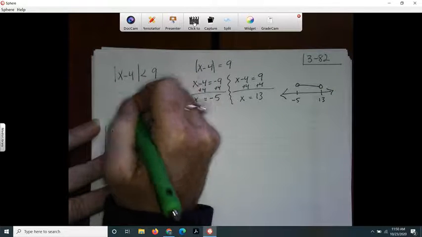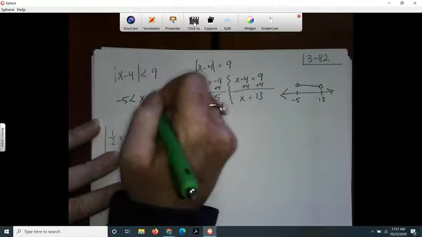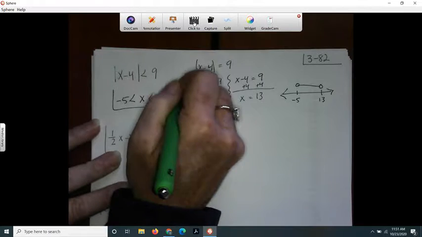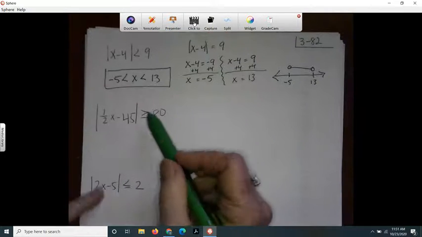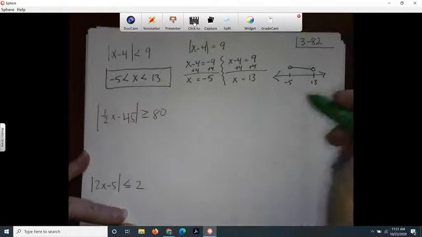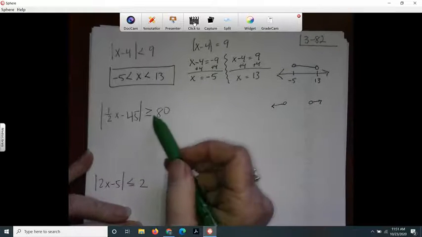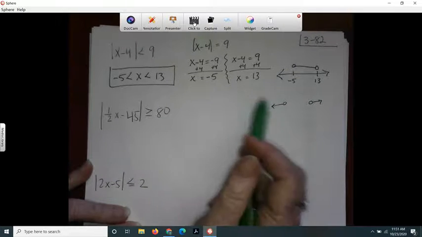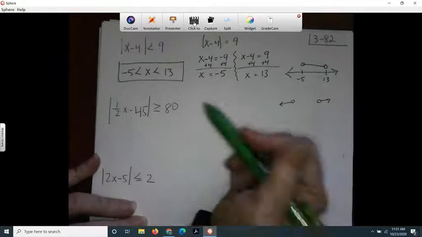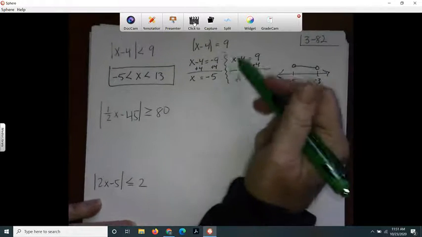Okay, now this one, we know the little graph's going to go this way like this. We know that because it says greater than, but we can still be on the safe side and just solve this the same way that we did this one. So we've got 1/2 x minus 45.